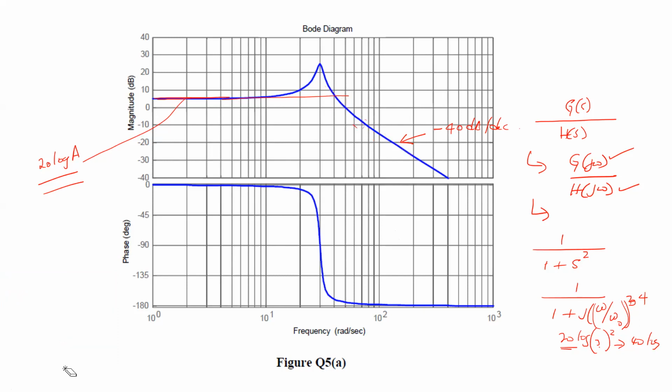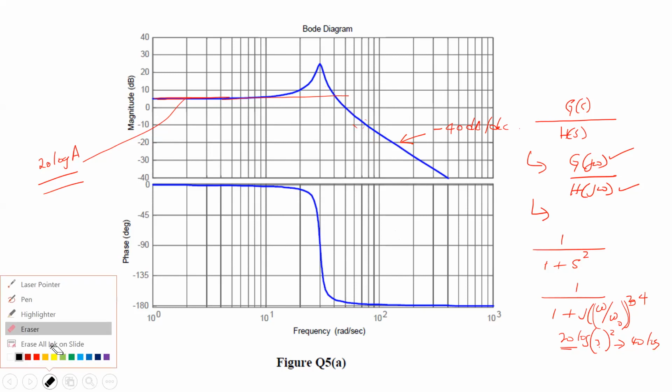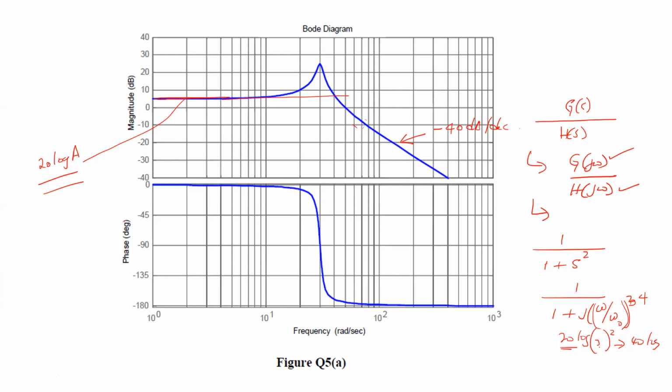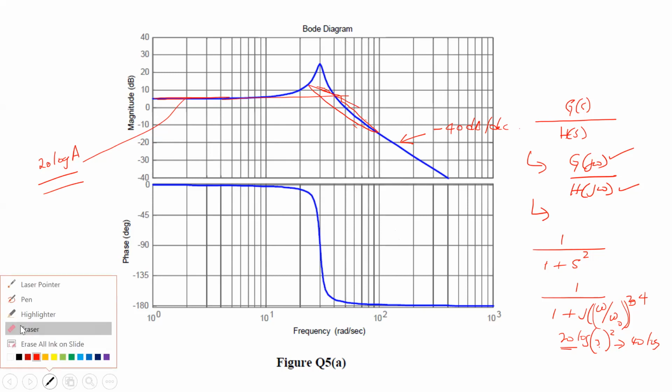Right. So if you just plot this, what we have here, you extend the straight line for this. It's hard for me to draw this on this tablet. The tablet is kind of in a different direction. Hold on.